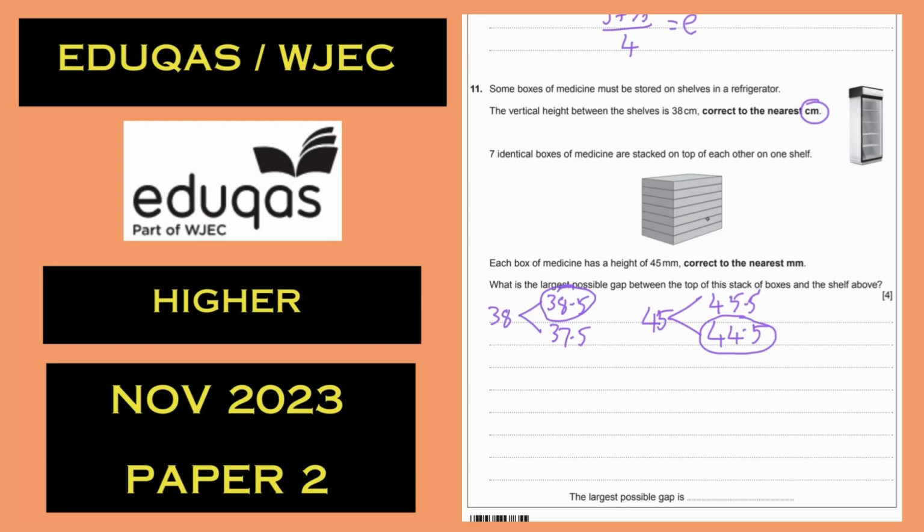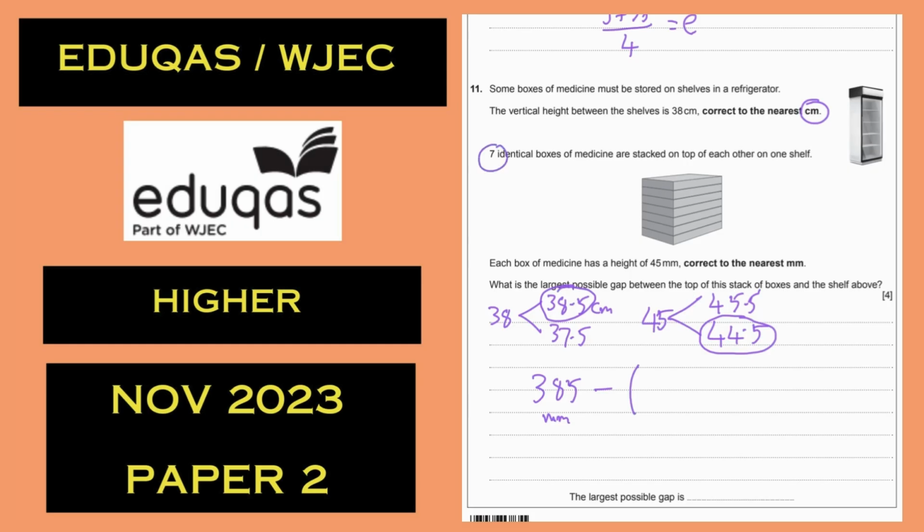But notice there's a conflict. You either need to turn these centimetres into millimetres or these millimetres into centimetres. I'll go for the former. Best case scenario, it's 385 millimetres. And the gap, how do you find a gap? We find the difference.